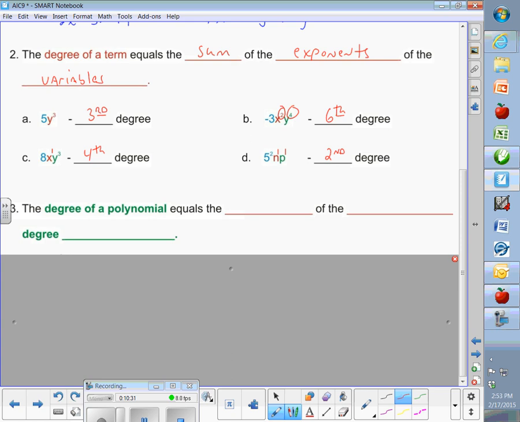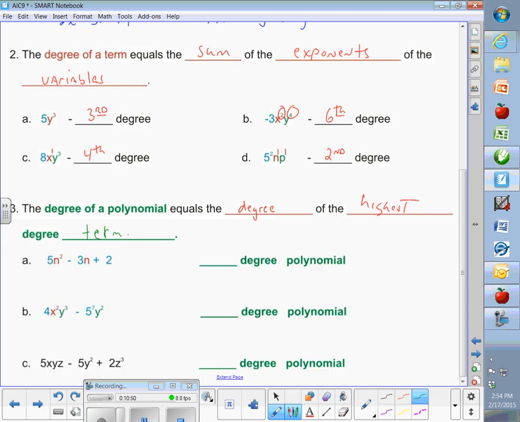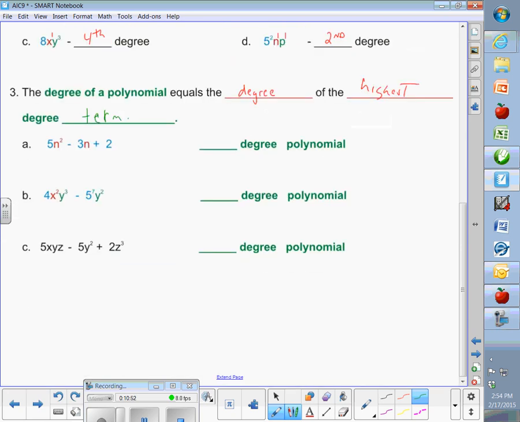Well, it's going to equal the degree of the highest degree term. So the term with the highest degree, that's going to be the degree of the polynomial. The term of the highest degree is going to be the degree of the polynomial.